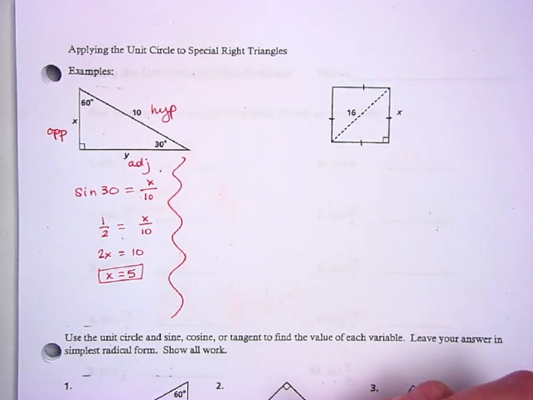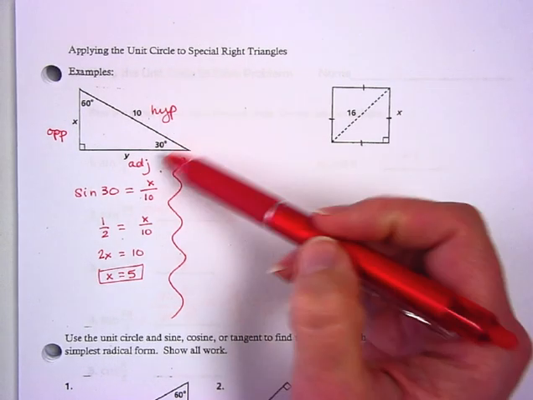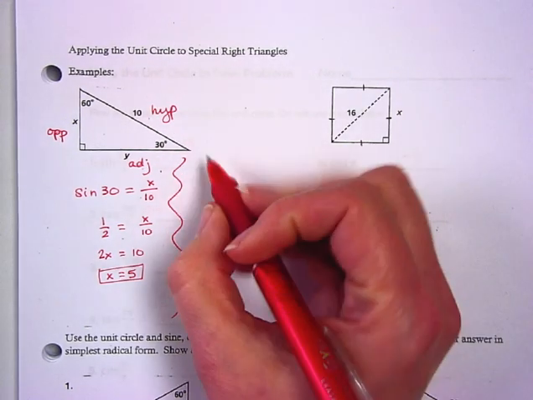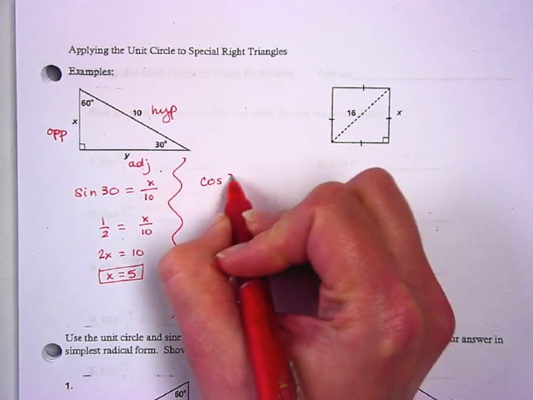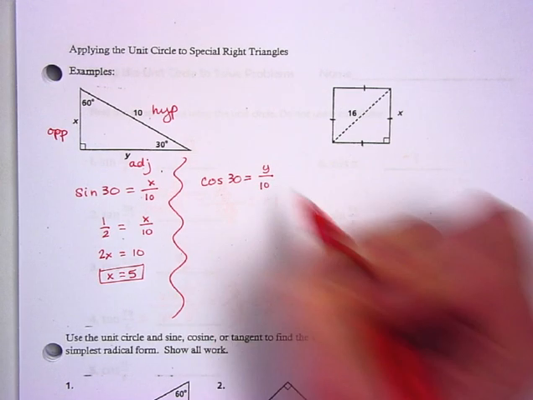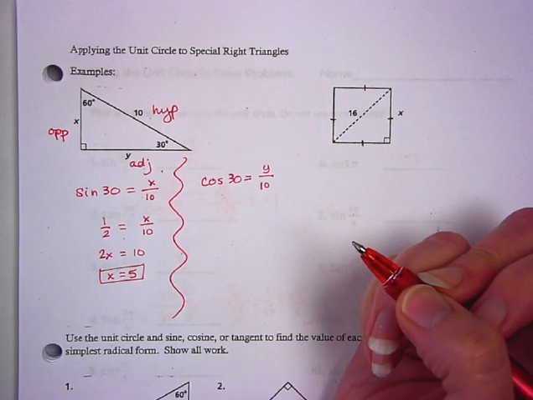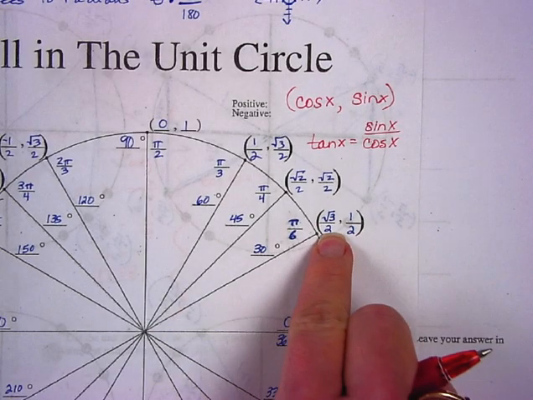Now we're going to find y. So what do we use to find y if we're using the 30-degree angle? Cosine, because we have adjacent and hypotenuse. So cosine of 30 is equal to adjacent, which is y, over hypotenuse, which is 10. What is cosine of 30? Okay, from our unit circle, it's the square root of 3 over 2.